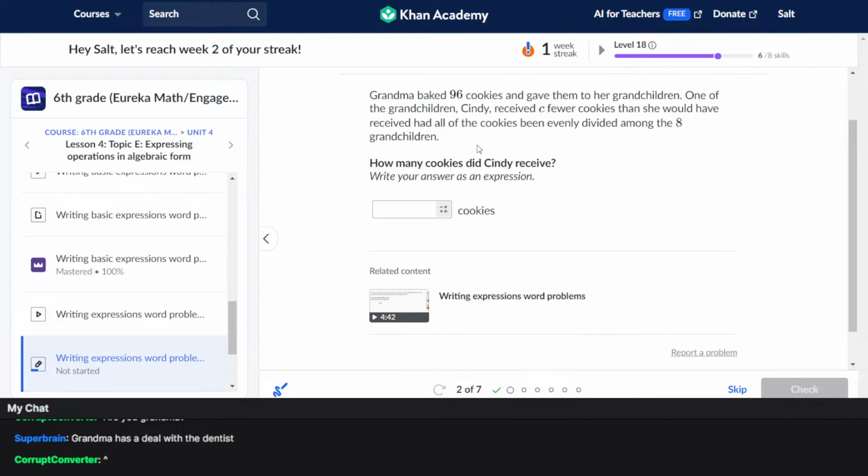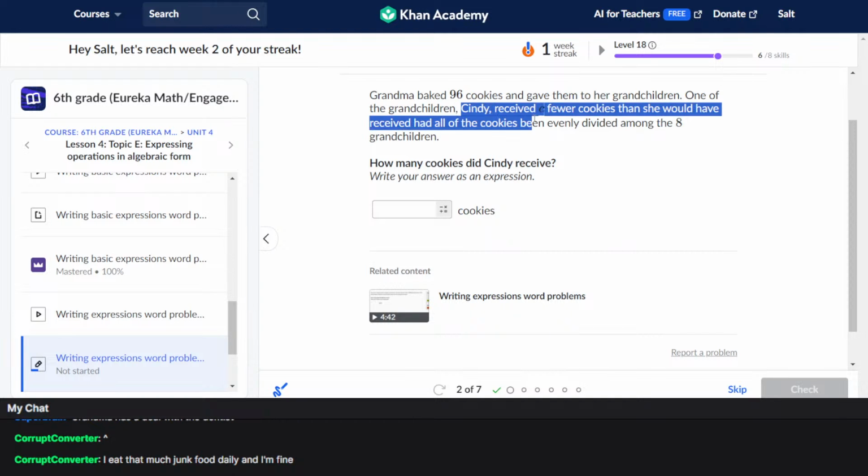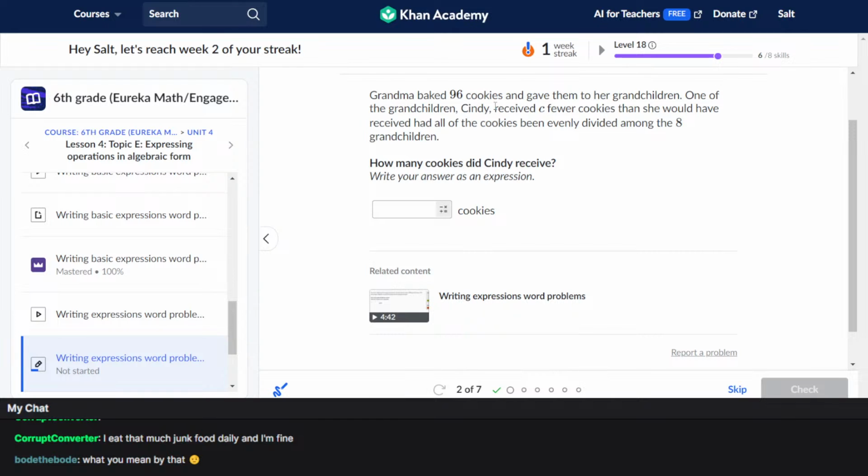Cindy received C fewer cookies than she would have received had all the cookies been evenly divided. Cindy! Grandma hates Cindy! She literally has favorites because Cindy received C fewer cookies. Well, hopefully they feed you good, healthy food in the Marines.